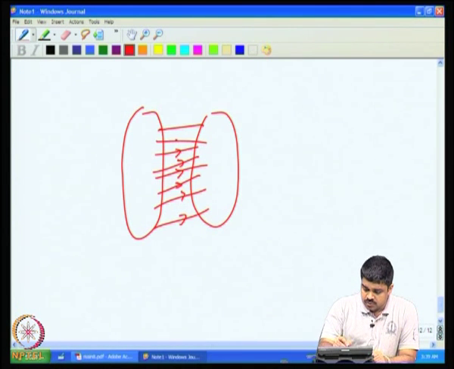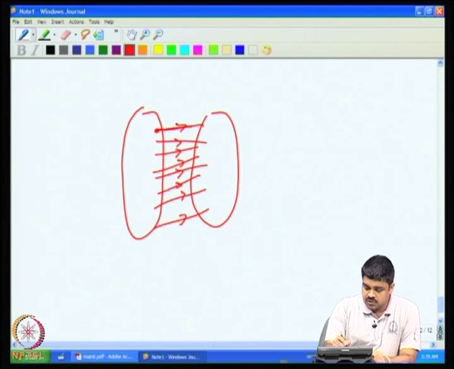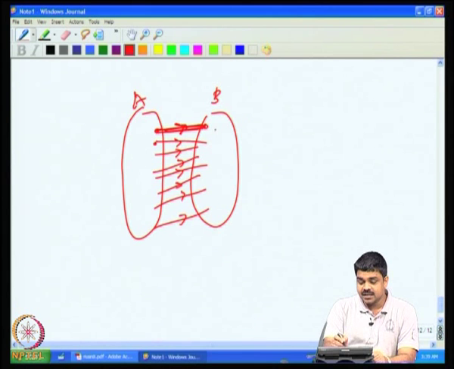Because in a bipartite graph, if I trace a path, I will first go to the other side, then I will have to come back. That is the only way you can trace a path. Now every edge is oriented from the A side to the B side, so once you reach the B side, there is no coming back to the A side. So every directed path has to contain at most 2 vertices, 1 or 2 vertices, that is it.